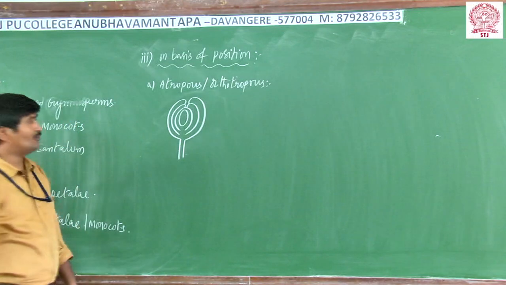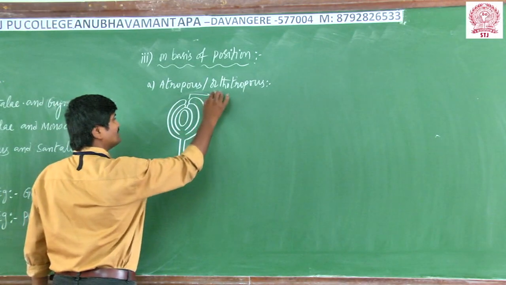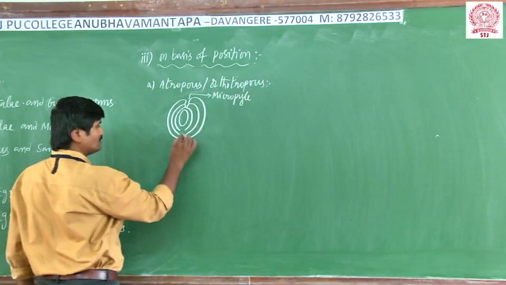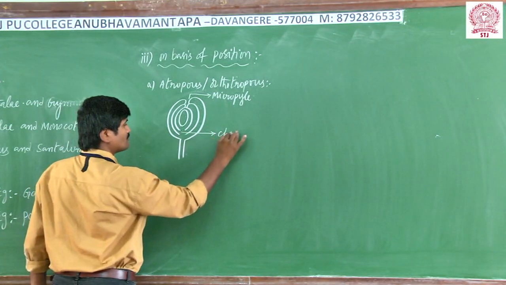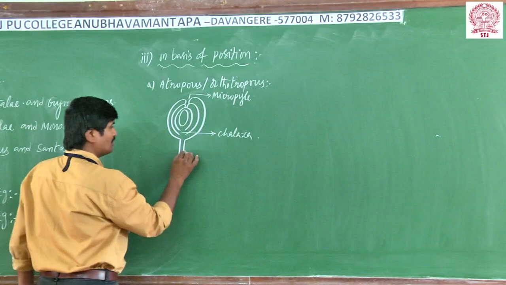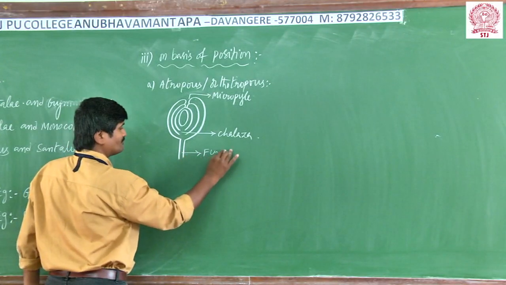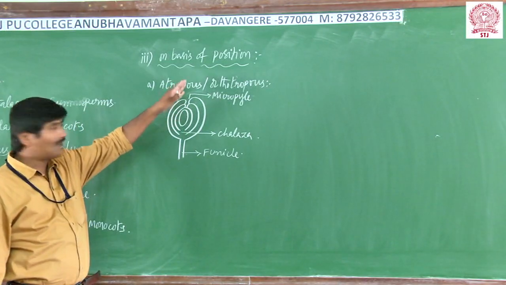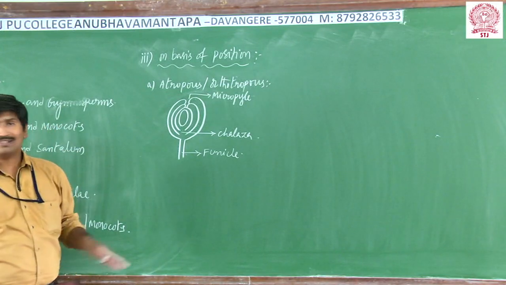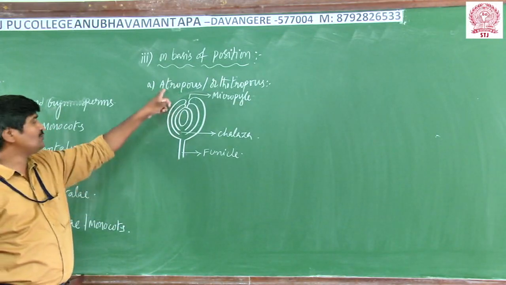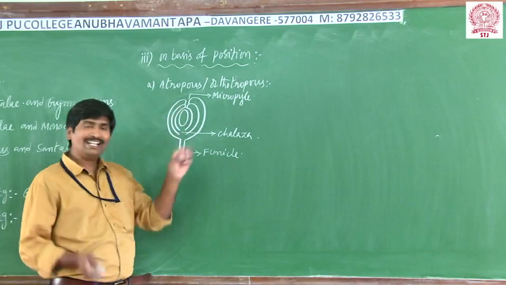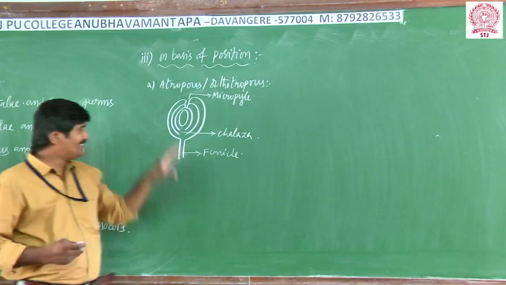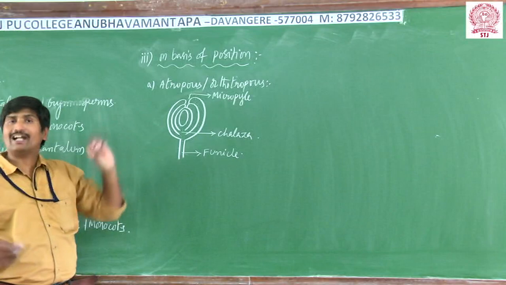It has a micropyle, chalaza, and a funicle. See here the three parts are arranged on the same vertical axis. So that is known as the straight ovule. It is a very primitive ovule.